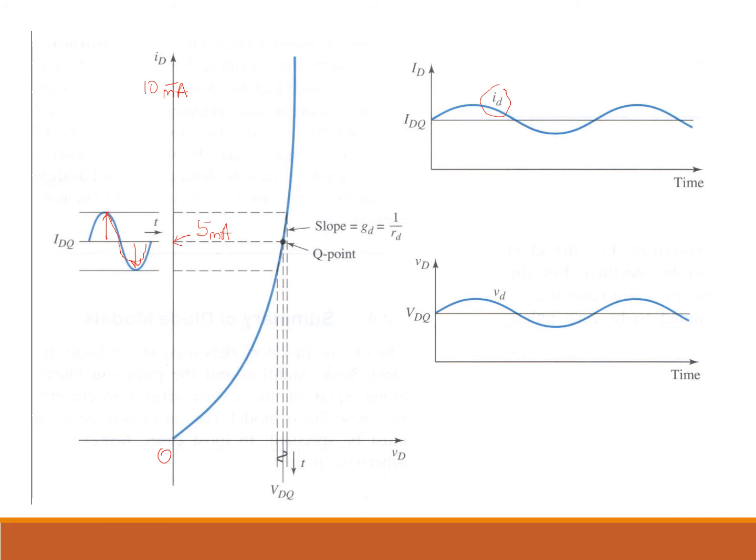Similarly, if we look at the Q point for VDQ, the VD signal superimposed on VDQ as the reference allows the waveform to operate at both sides without saturation.